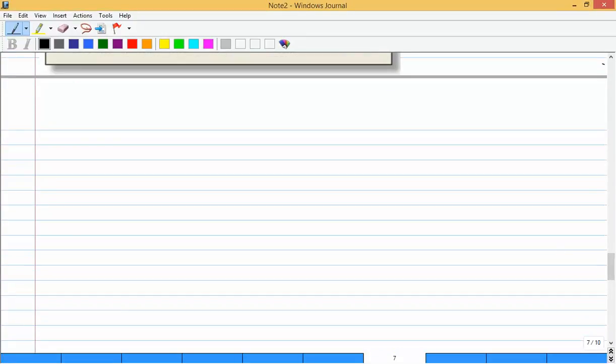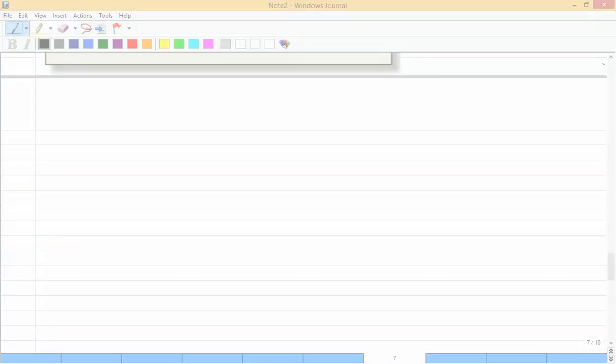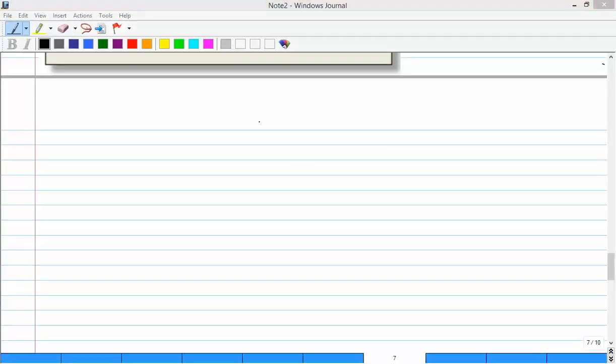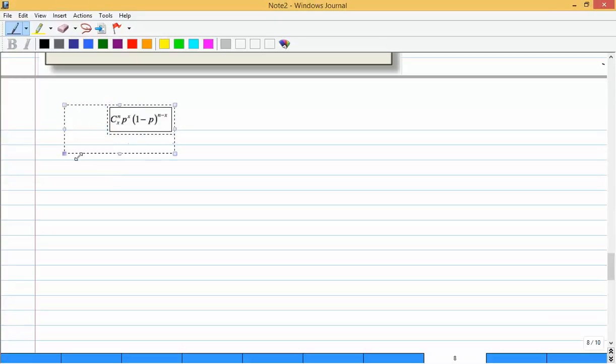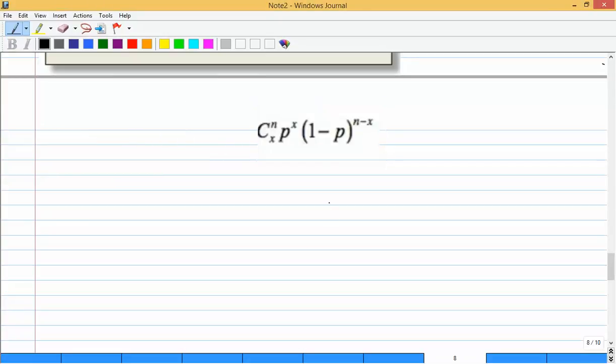All right, so the probability distribution formula is this formula here. It looks a little confusing. I guess binomial probability distribution.